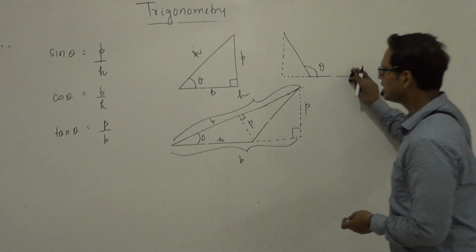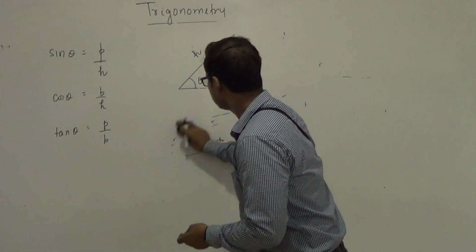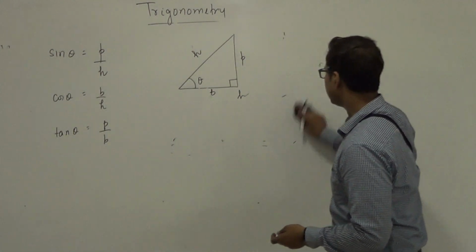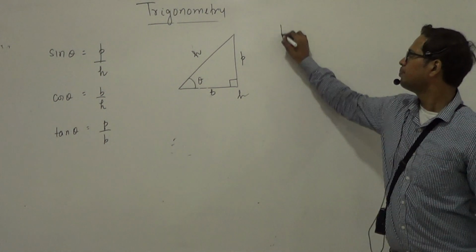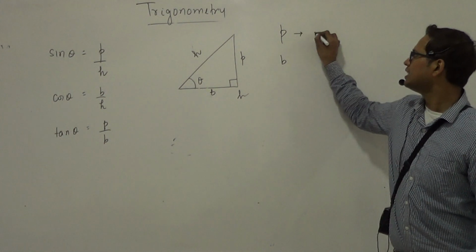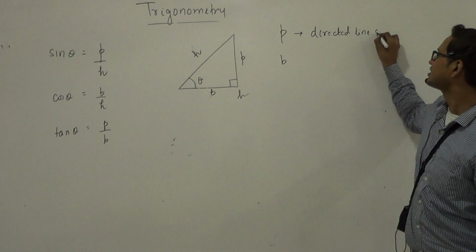Now, in this particular segment, when I talk about P, B and H, remember a few things. P and B are directed line segments.